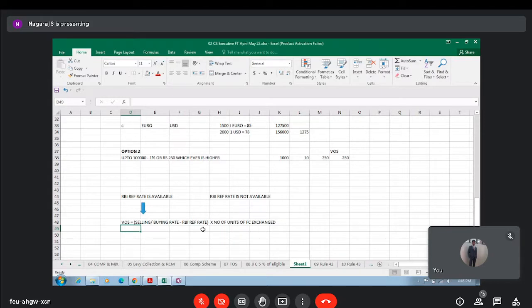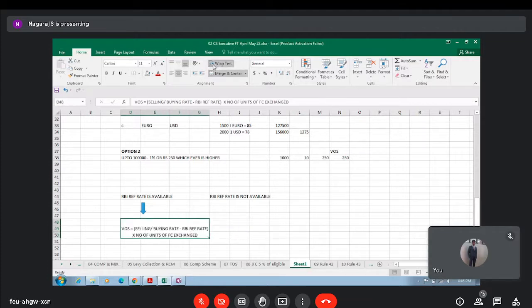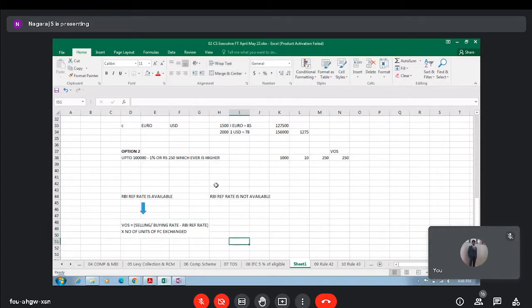Okay. This is the one. If RBI reference rate is not available, okay, RBI reference rate is not available. That means you're exchanging US dollars, but RBI reference rate is not available for that US dollar on that particular day.